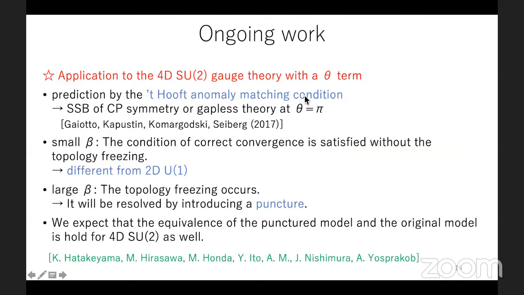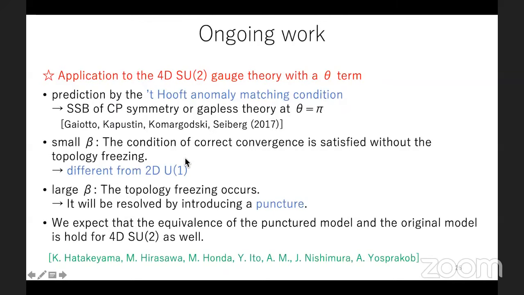So the 't Hooft anomaly matching condition gives information about each of these scenarios, but we don't know which scenario is realized. So we can check this by direct simulation, lattice simulation. So we are now trying to do this work.